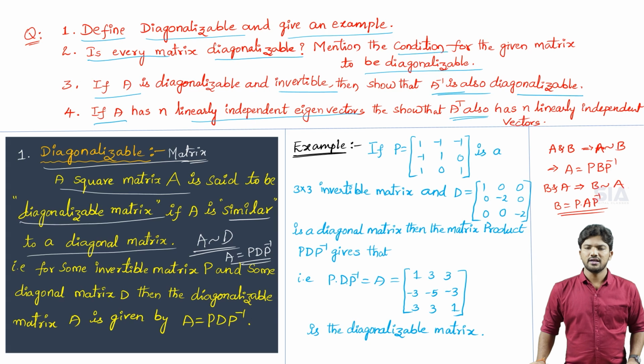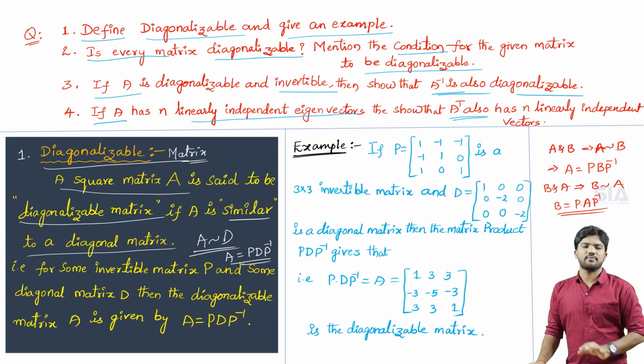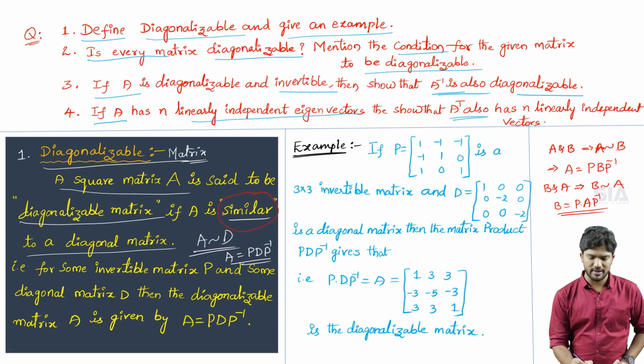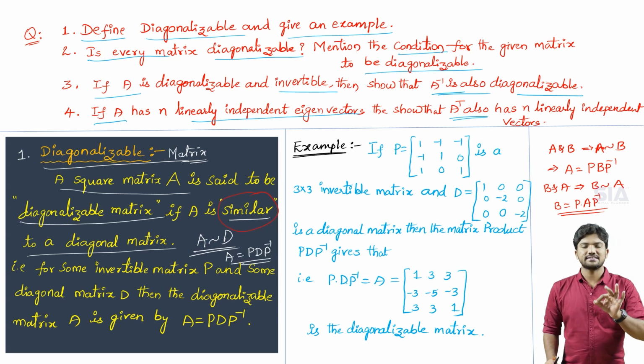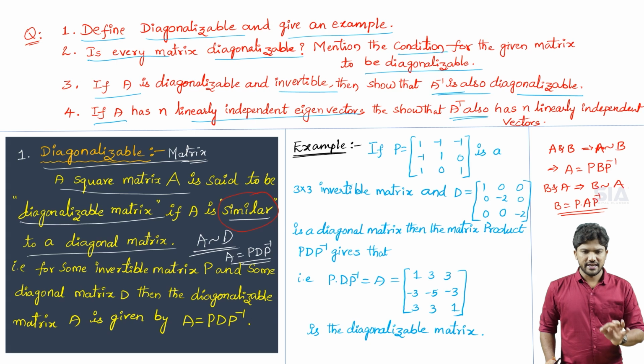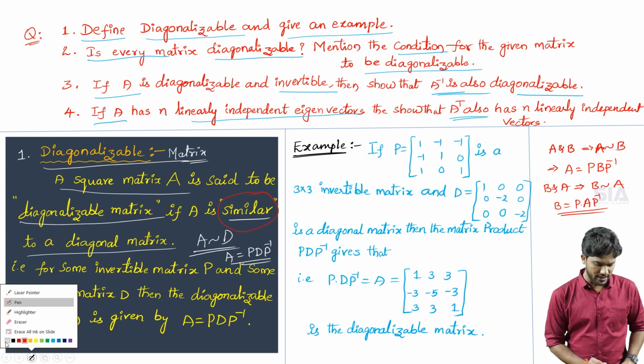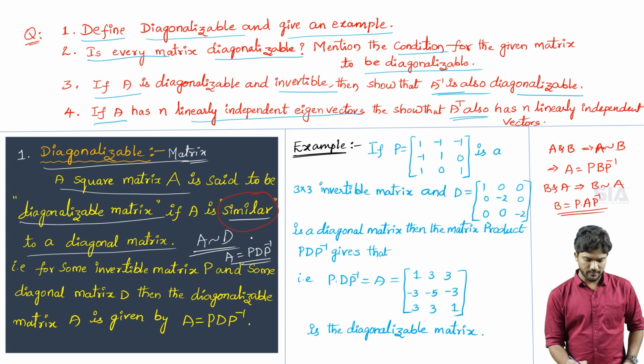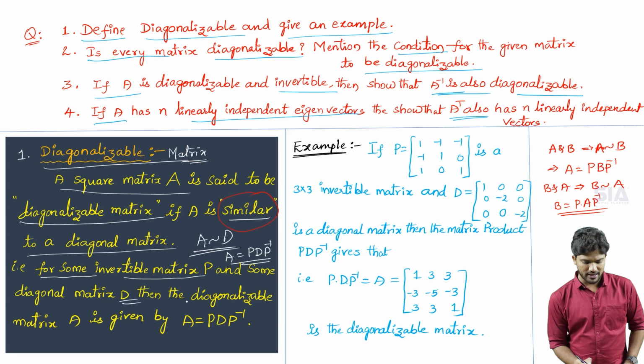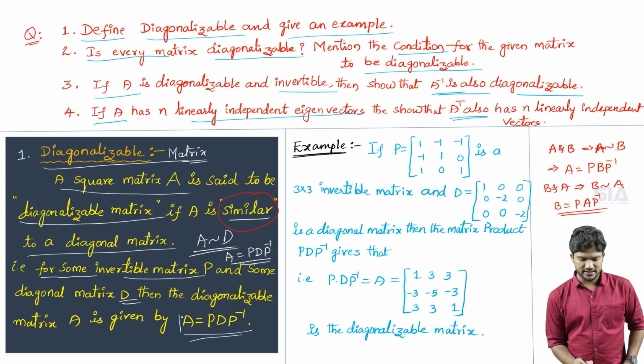Same format only. Here we can say that whenever capital A is a diagonalizable matrix, it is similar. So just remember this word similar. Similar is nothing but the similar matrices condition. It is similar to a diagonal matrix. A diagonal matrix we always denote with capital D. Next point: for some invertible matrix capital P and for some diagonal matrix capital D, the diagonalizable matrix capital A is given by this equation.